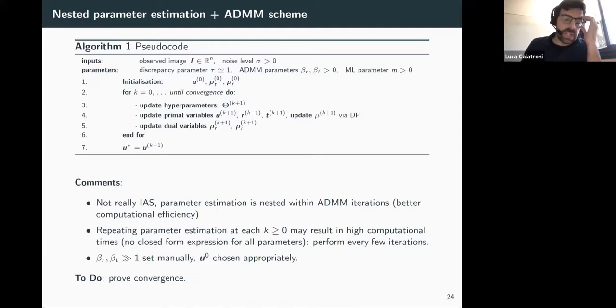But it's of course much more demanding because it requires to perform the estimation of parameters at every outer iteration step. Whereas embedding these here seems a little bit artificial, given the fact that we are still in a fully non-convex regime, so convergence is still an open problem, we could at least gain something from the point of view of computational efficiency.